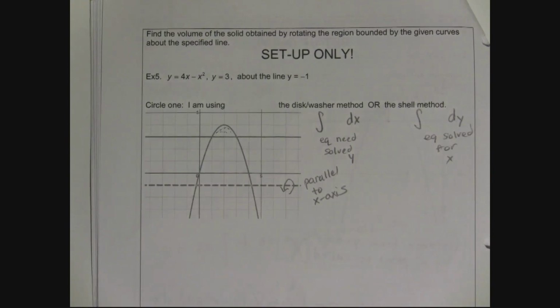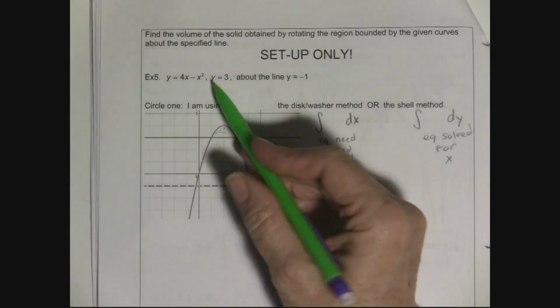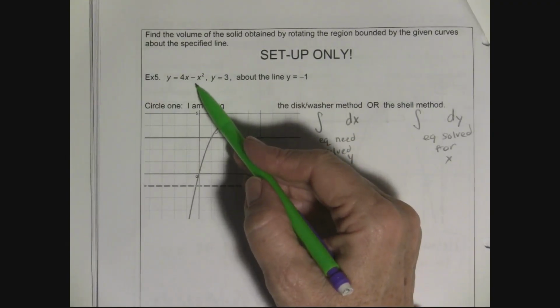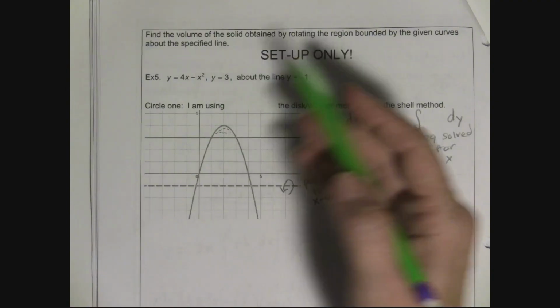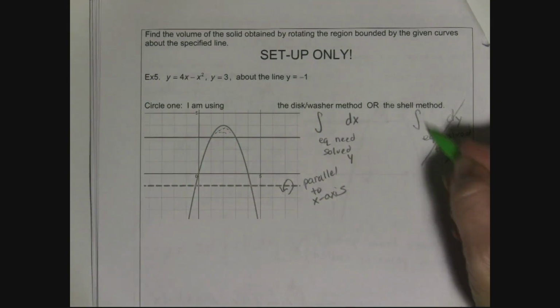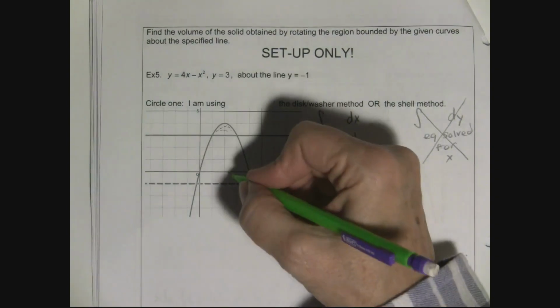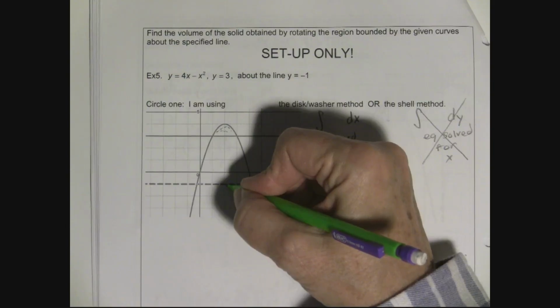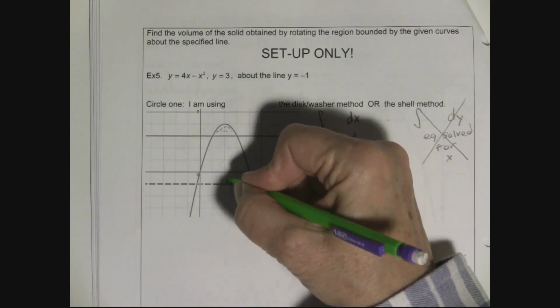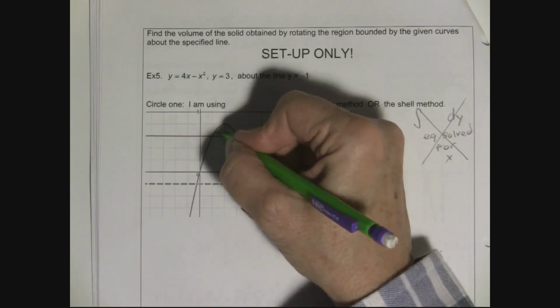So I look over at my equations, and this equation right here is not one that I can change. It's solved for y, and I'm not able to solve for x, so even though I love the shell method, I'm not going to be able to use it. That means I'm going to have to use a disc or a washer. What you do to figure out which one you're going to use is, when I go to the axis of rotation and draw my R, here is my solid region.